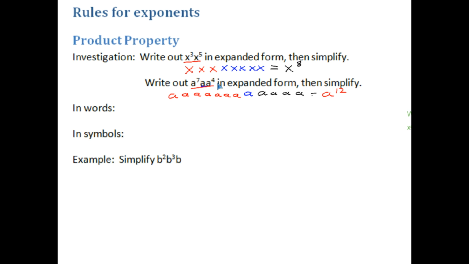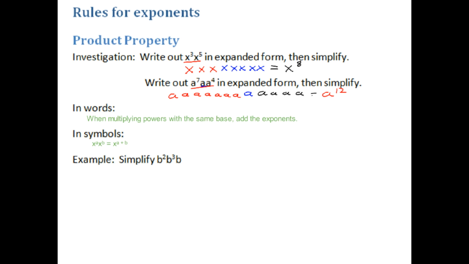So the rule for this is when multiplying powers with the same base, add the exponents. So we can just add the exponents. Here it is in the symbols form. X to the a times x to the b equals x to the a plus b. You can just add those exponents.